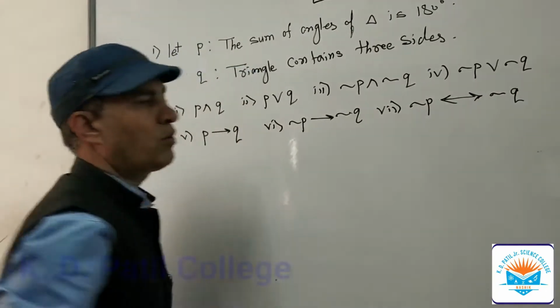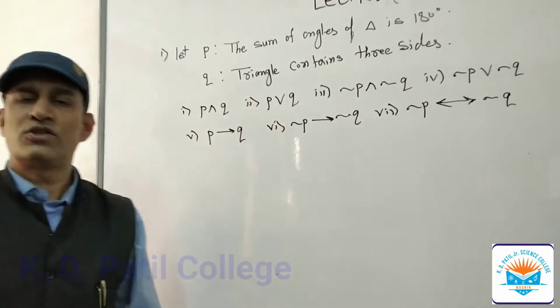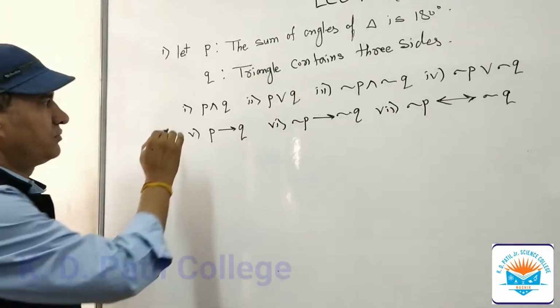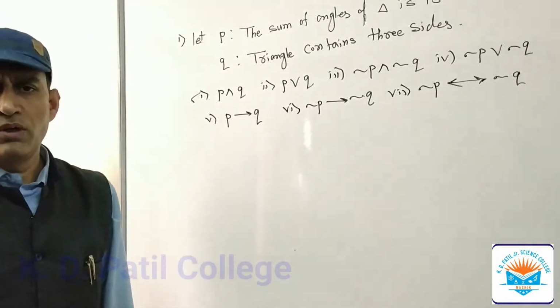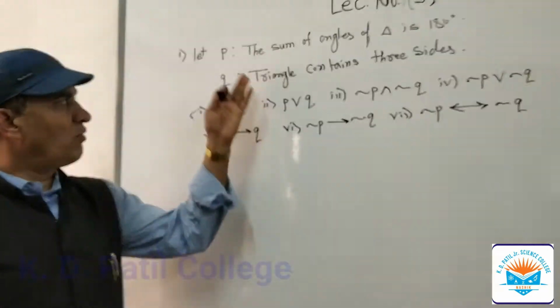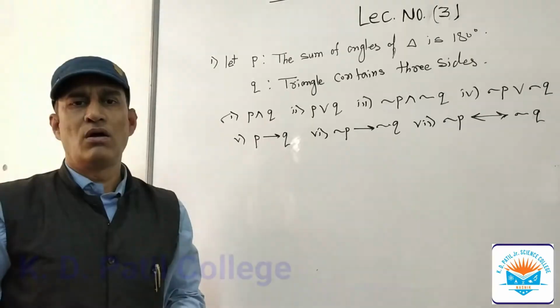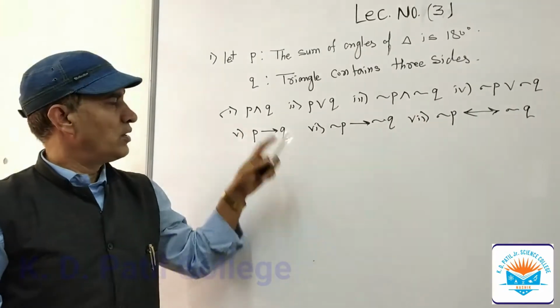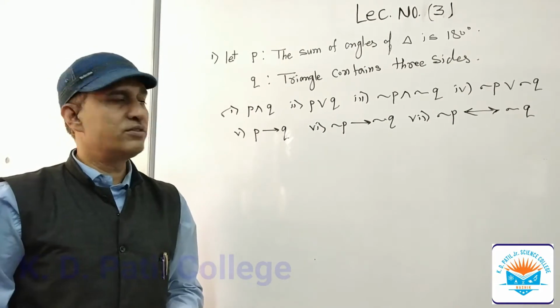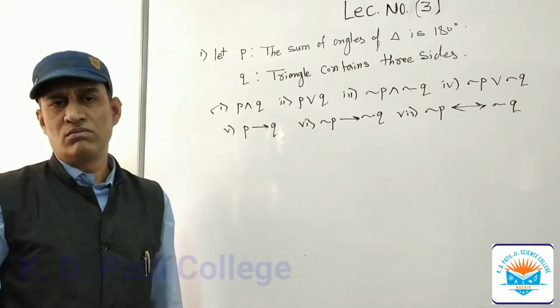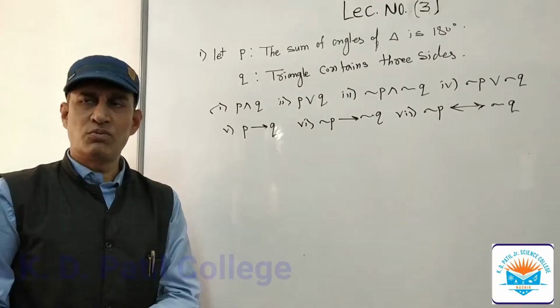Now look at how to write all this symbolic form into verbal form. First, P conjunction Q. Already mentioned what is P, what is Q. P: the sum of the angles of a triangle is 180. Q: a triangle contains three sides. I want to write the answer in verbal form as given in symbolic form.